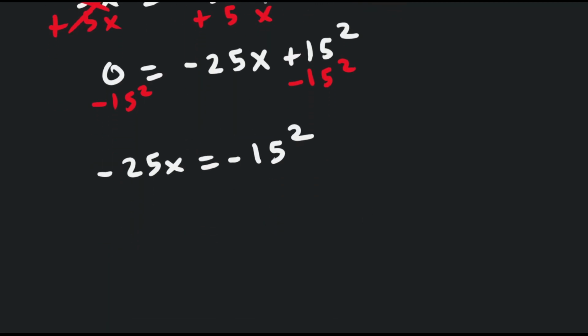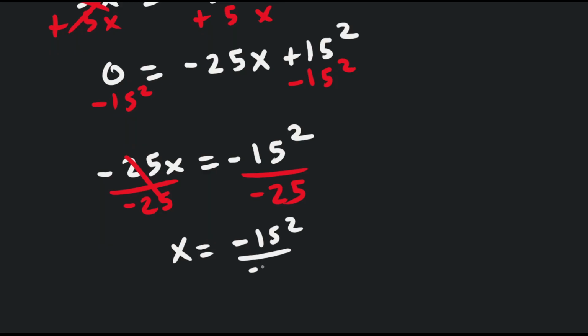Now, in order to isolate x, we're going to divide both sides by negative 25. So negative 25 there, and negative 25 there as well. So x equals negative 15 squared over negative 25.